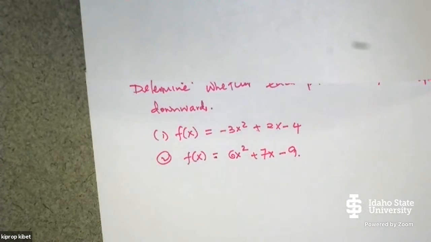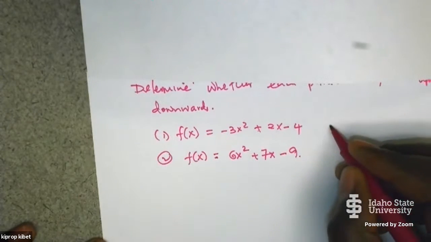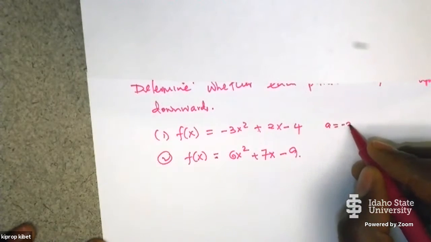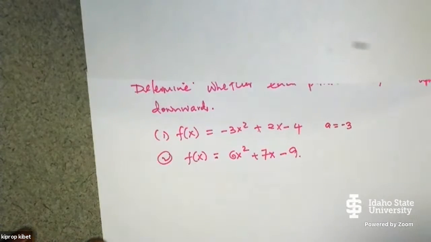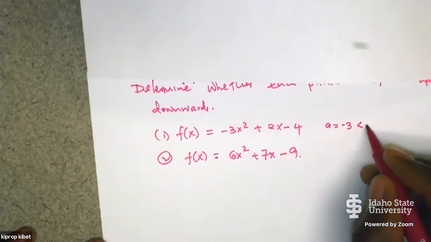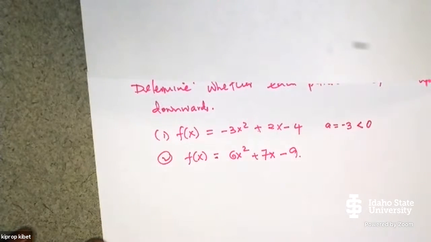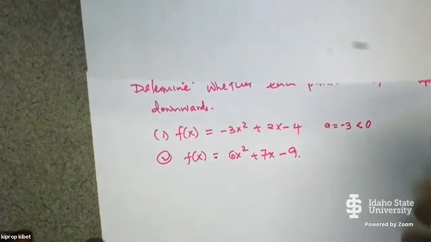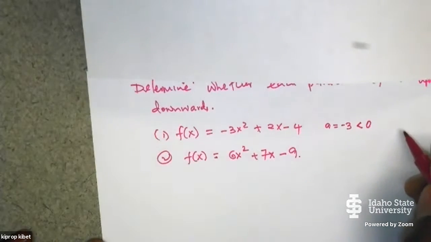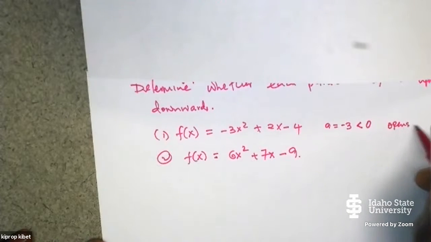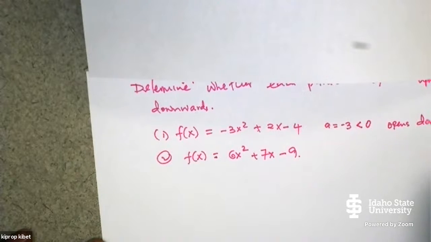So what happens to the first one? Since a is equal to minus 3, and this a equals minus 3 is less than 0, it is negative. So that means this one opens downwards. So it is of that form.